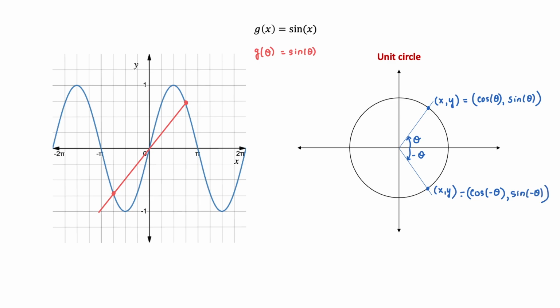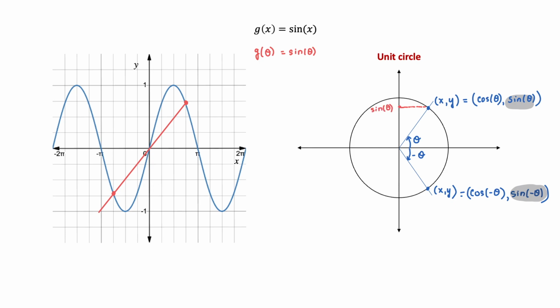And now what we are going to be doing is comparing the y values of these points, sine theta versus sine negative theta. What I want you to notice is that because we're talking about the y values, we're going to go across to find the y-axis, and in this case, this is going to be sine theta right here.